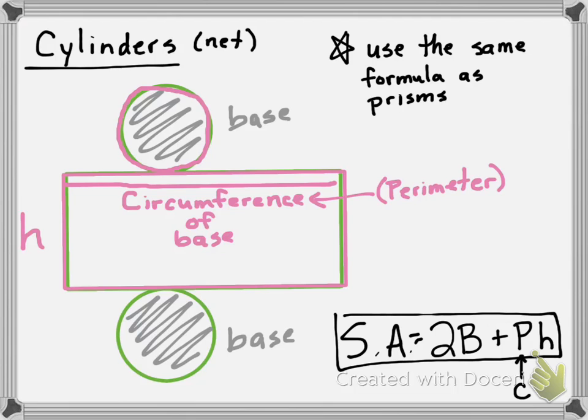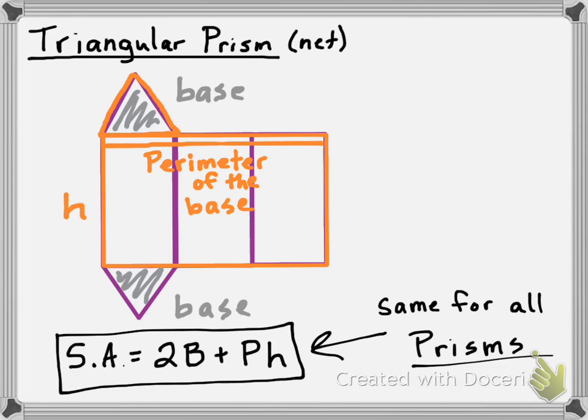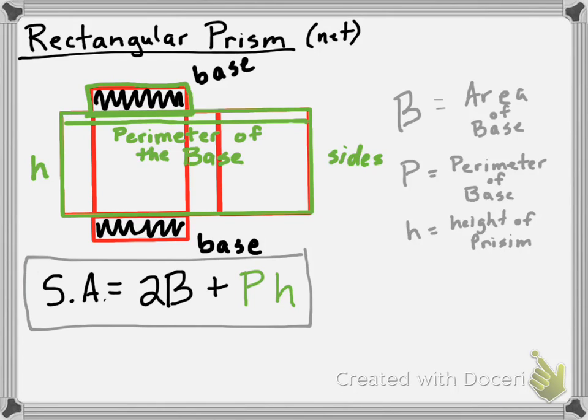Now, how can this work the same on all of these when they're all different figures? Well, just like our volume formula, this formula takes into account the shape, because this B, area of the base, well, if the base is a rectangle, you're going to find the area of a rectangle.